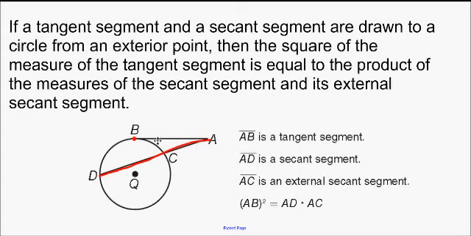In other words, in this diagram, AB squared equals AD times AC.